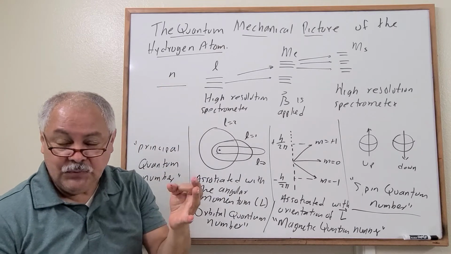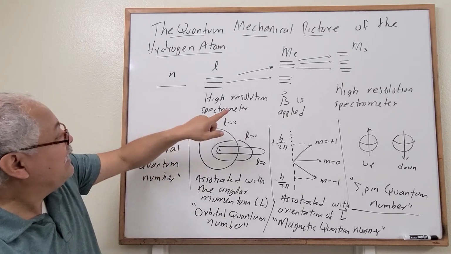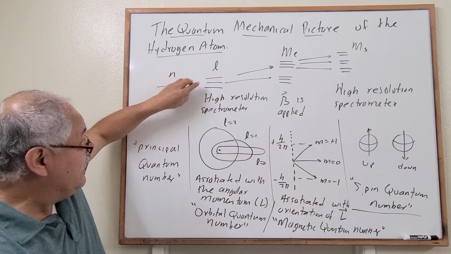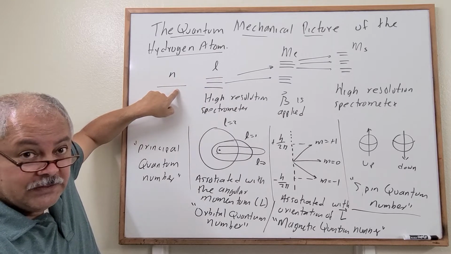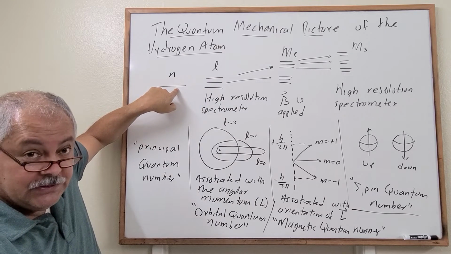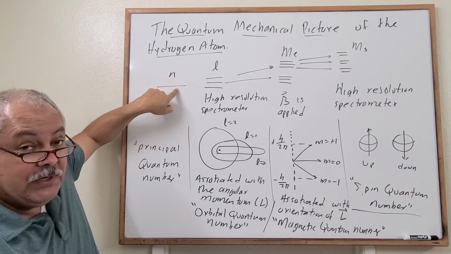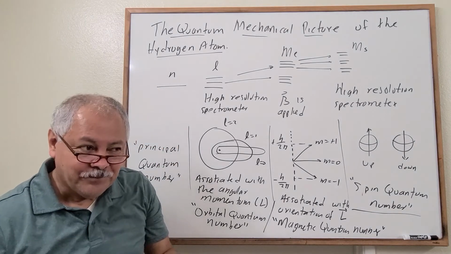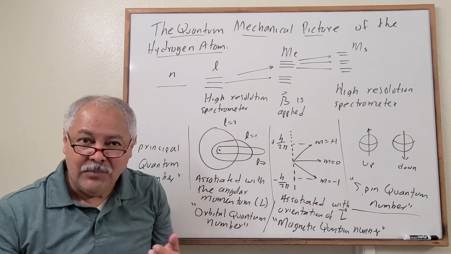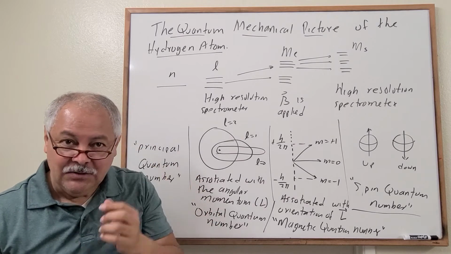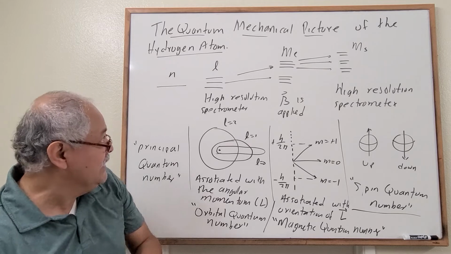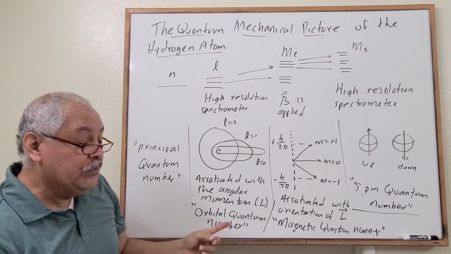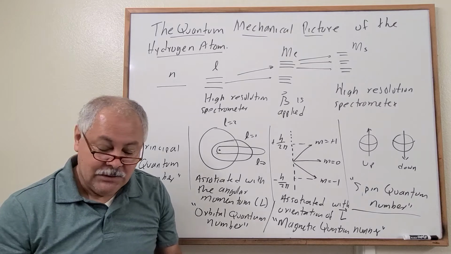Could be 1, 2, 3, and so on. Using the high resolution optical spectrometer, more lines are found in this spectral line. So that means we need another number to represent the new findings, and we represent this by L. This is called the orbital quantum number.